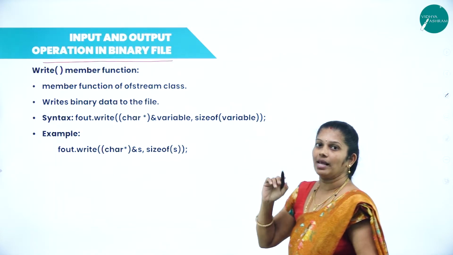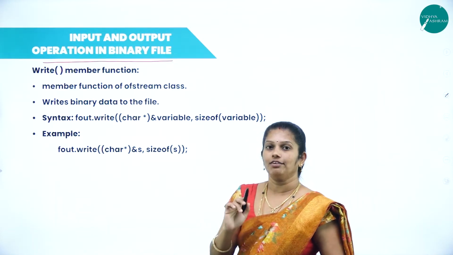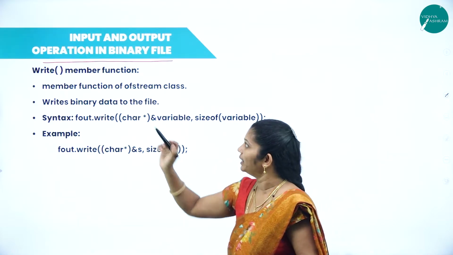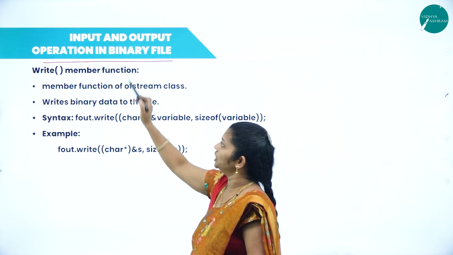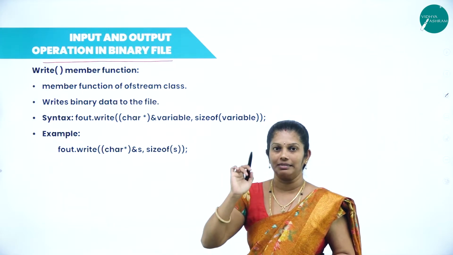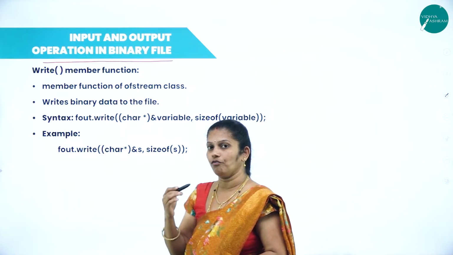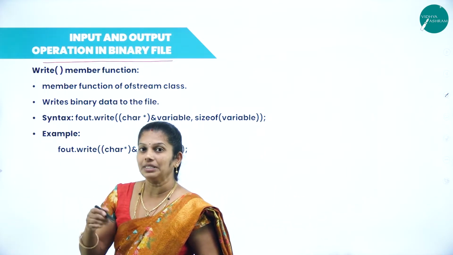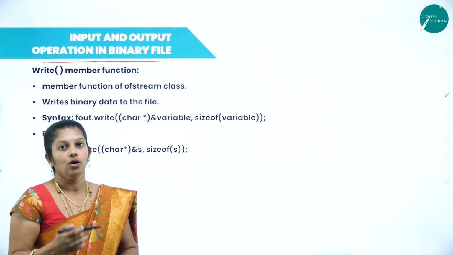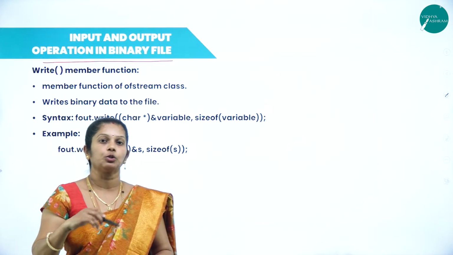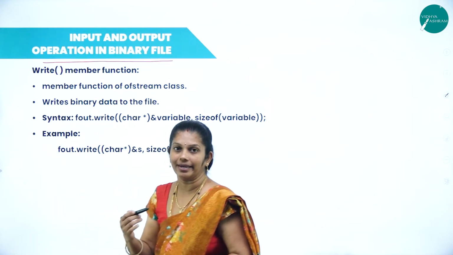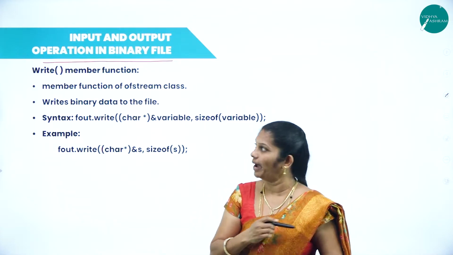The files, if they are in ASCII format, that is American Standard Code for Information Interchange, there we use all these three. But read as well as write are both used when the file is in binary format, that is input output operation in a binary file. There are two types: one is read and one more is write. Read helps to perform the read or input of data, especially in binary format, whereas the write function helps to print or write the character, especially in binary format.